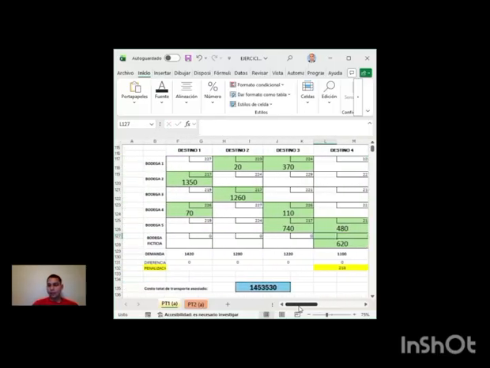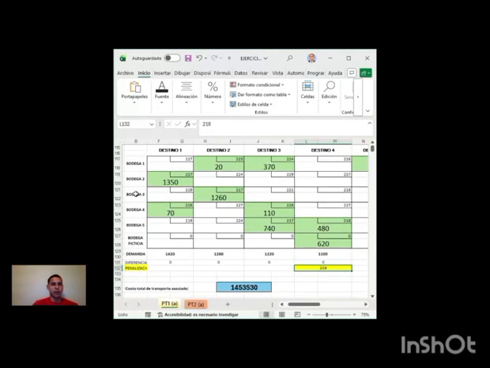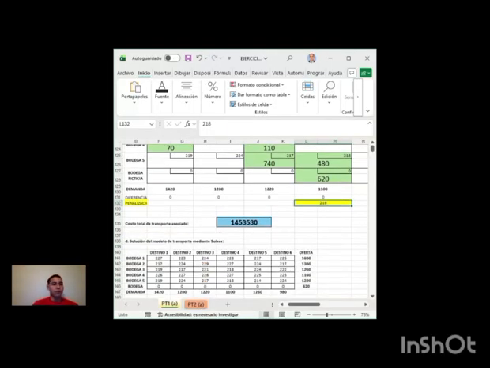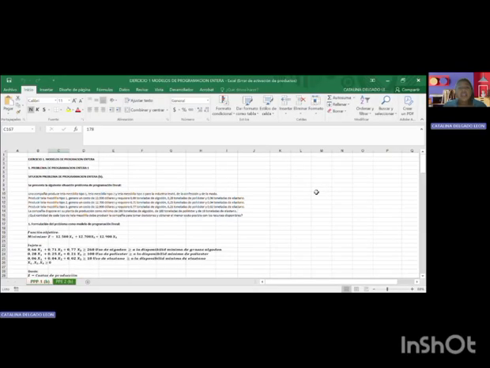Following this process, we obtain a total transportation cost of 1,453,530. Thank you.